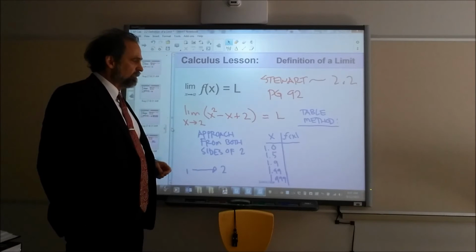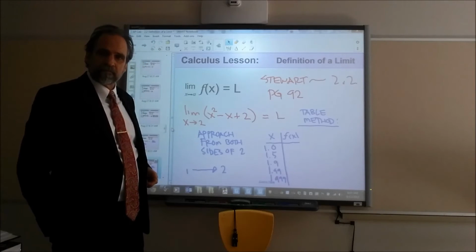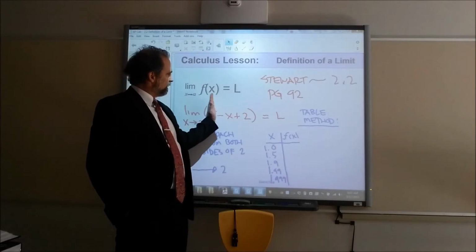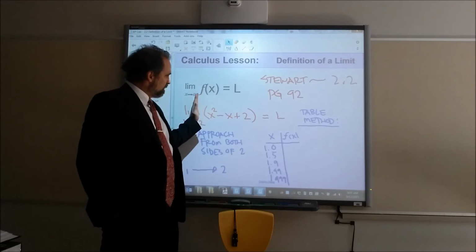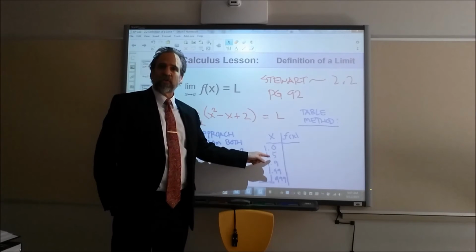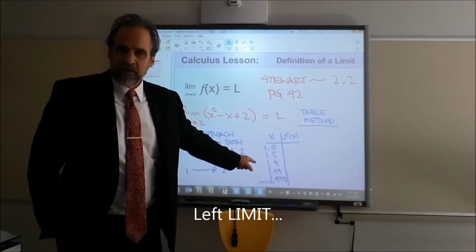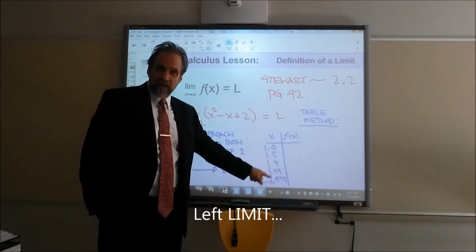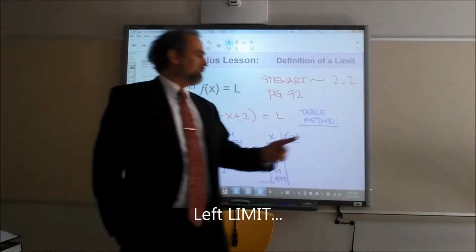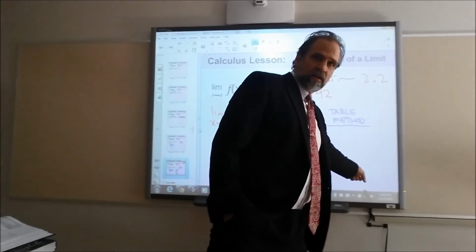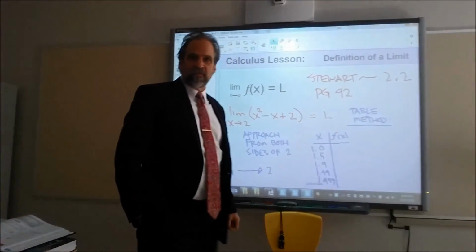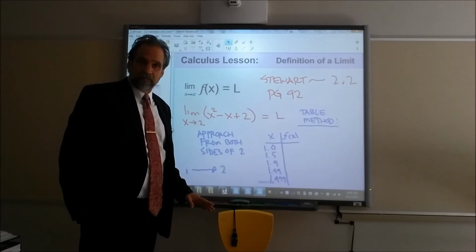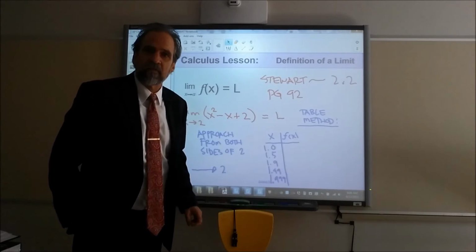Am I approaching it from the left or the right? Well, if I think about a number line, 1 is on the left side of 2, isn't it? So this is what's called the left limit. If a limit does exist, it is the same if I evaluate it as a left limit as it would be if I evaluate it as a right limit. Okay? So if that's the case, then we'll deal with that. But right now, let's look at the left limit.